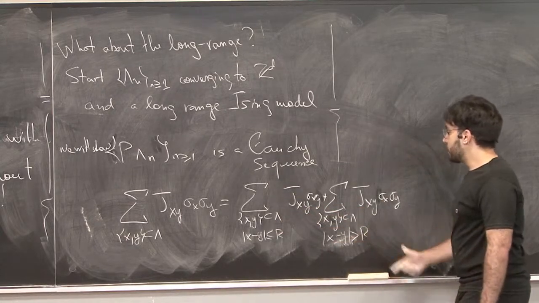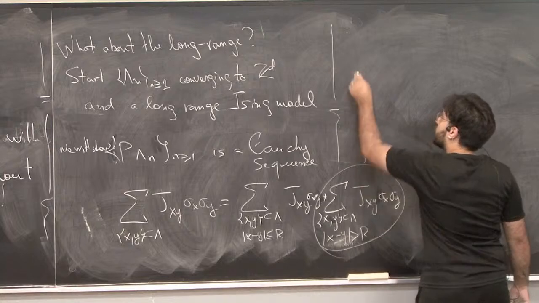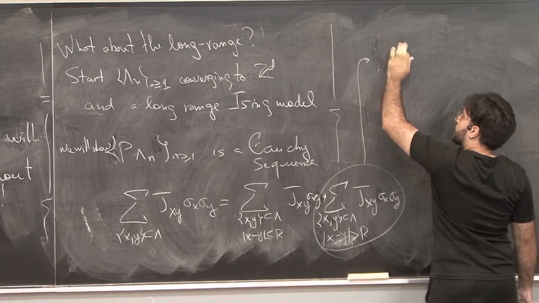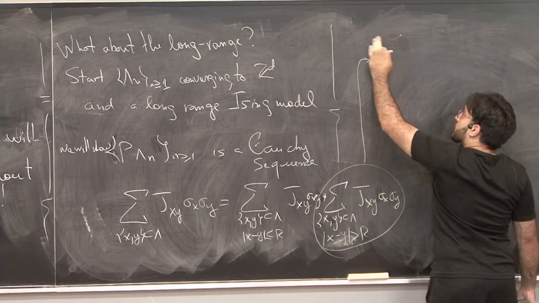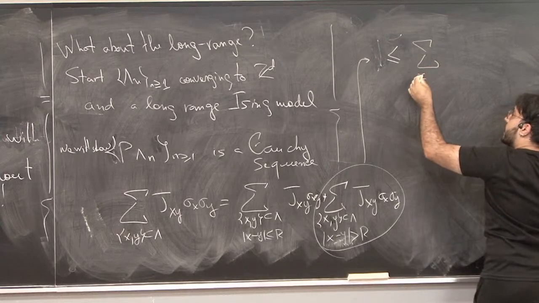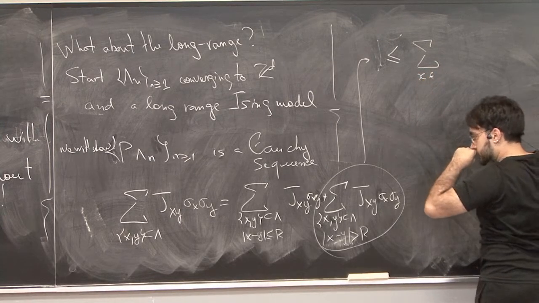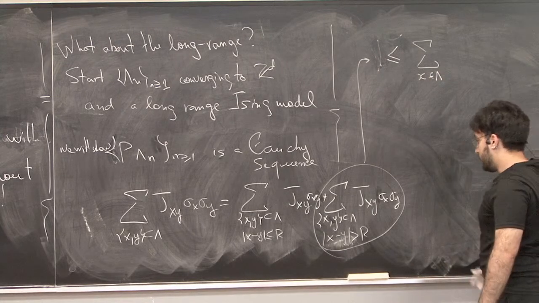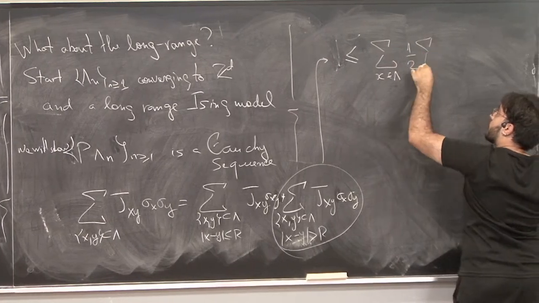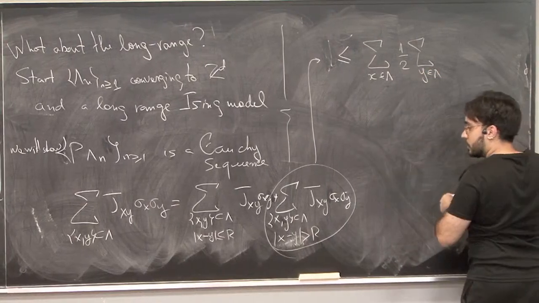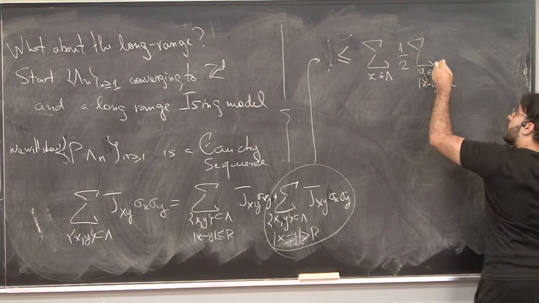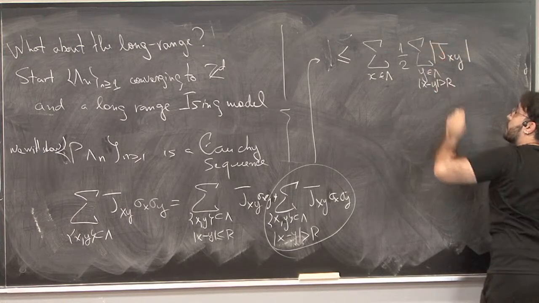But what about the second part? Its absolute value is less than the sum over x in Lambda, and I sum here half, over y in Lambda such that |x minus y| is larger than r, of J_xy in absolute value.